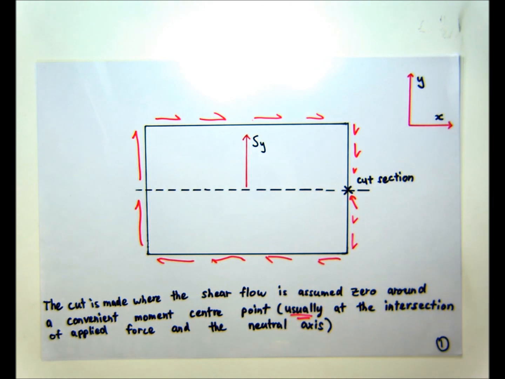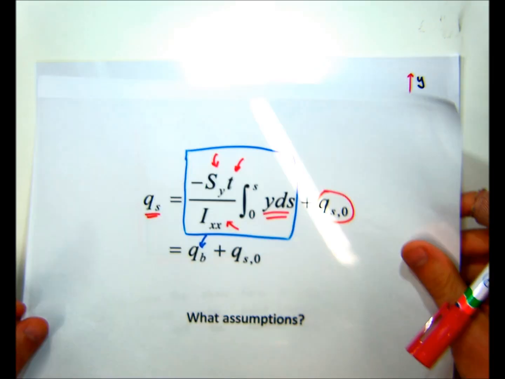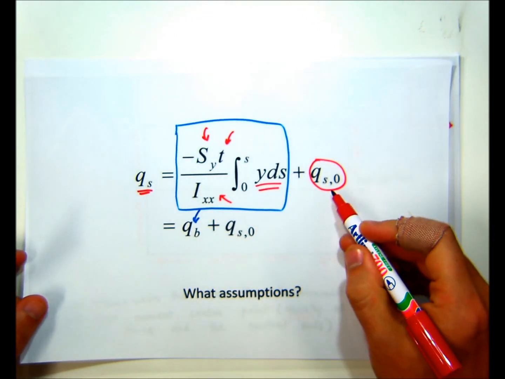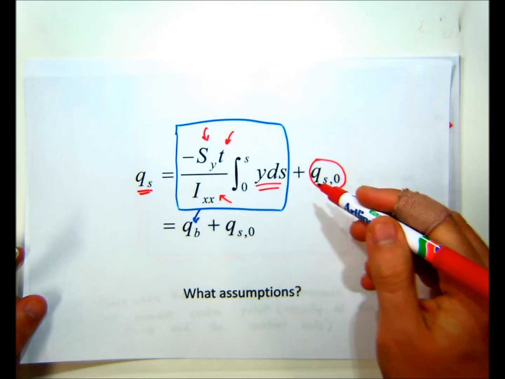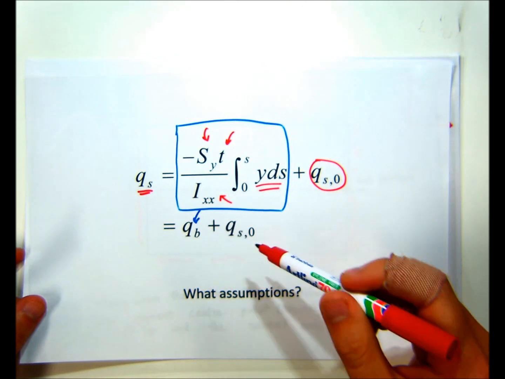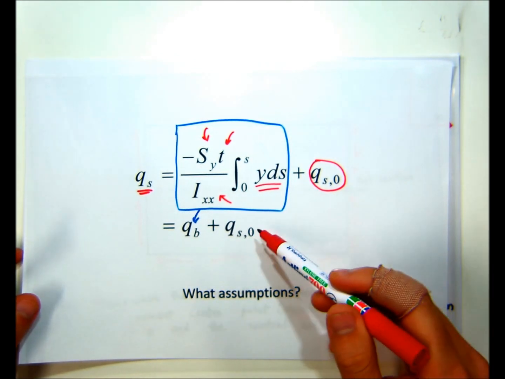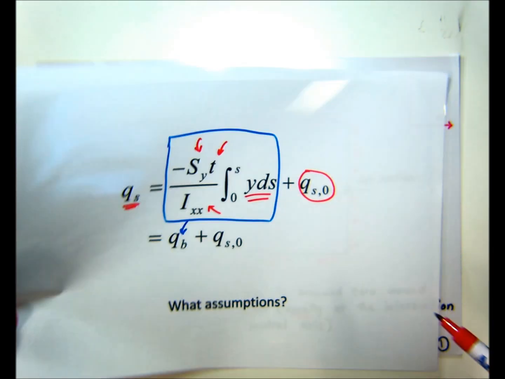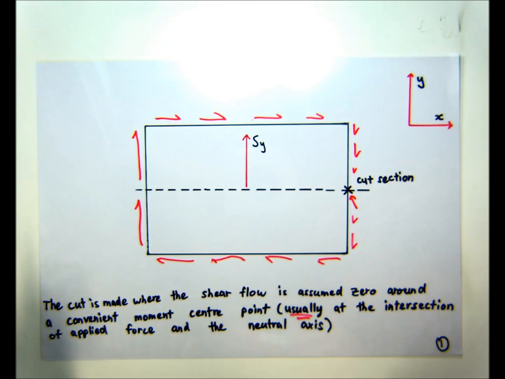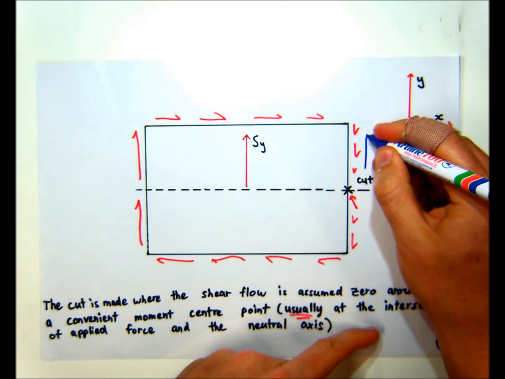So if we go back to a previous slide, our QS naught here will modify the Q in every panel by that value. So that will be constant around the section, and it will look something like this.